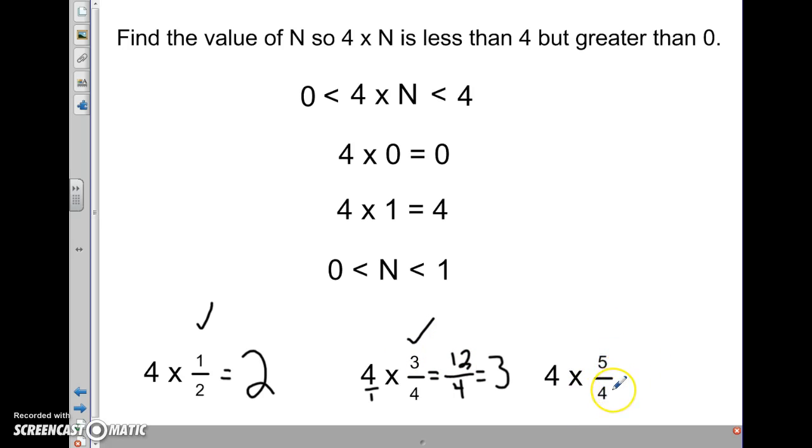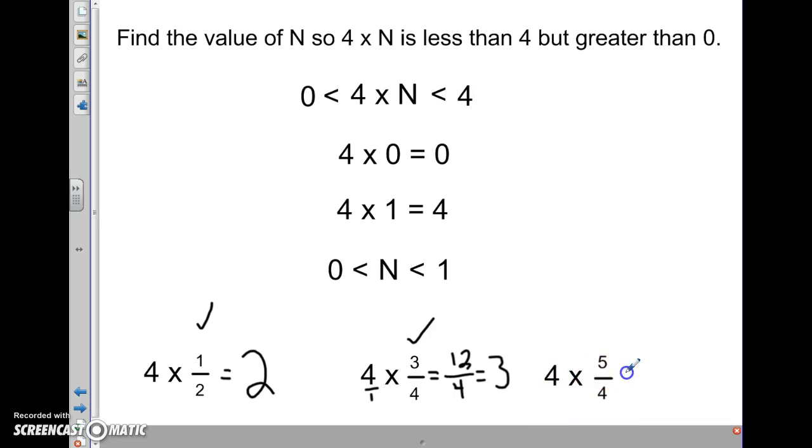Then let's look at 5/4. Is 5/4 a regular fraction? No. The numerator is bigger than the denominator, which means it is an improper fraction. So it should not work, but let's check to see. Again, 4 is the same as 4 over 1. I'm not even going to draw that there, I just know it.